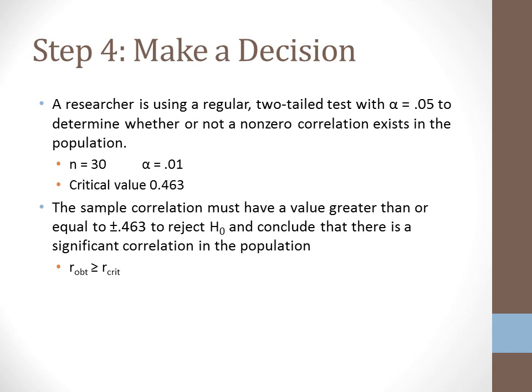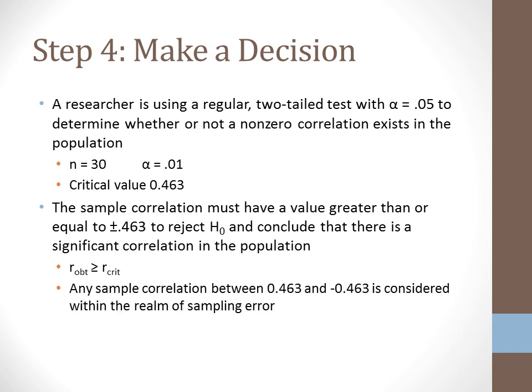So in other words, we compare our r obtained and see if it's greater than our r critical. Any sample with a correlation between the values of 0.463 and negative 0.463 is considered within the realm of sampling error. In other words, it's not significant.